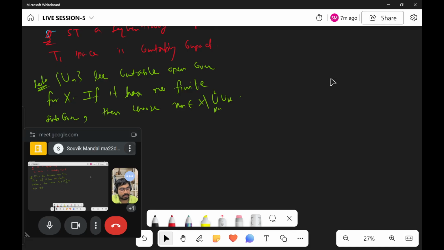Note that the set {xn : n belongs to N} is infinite.